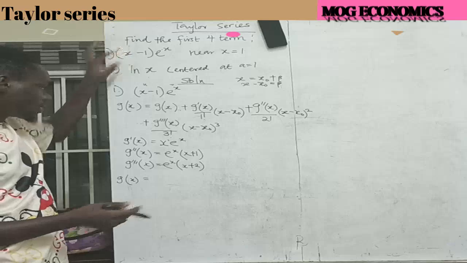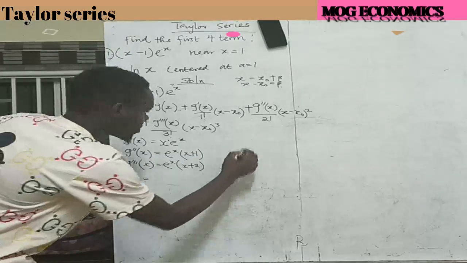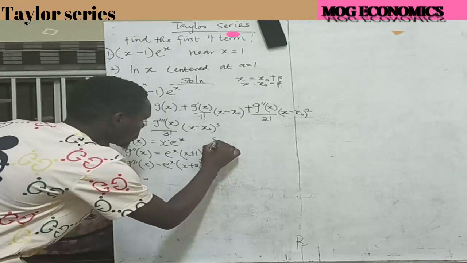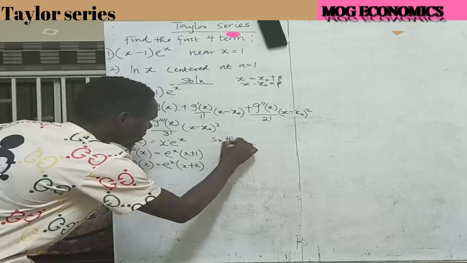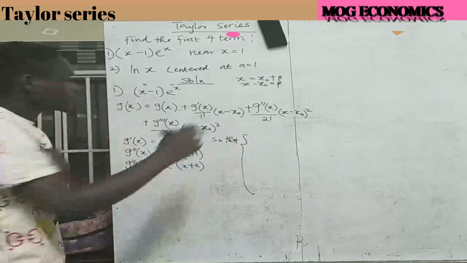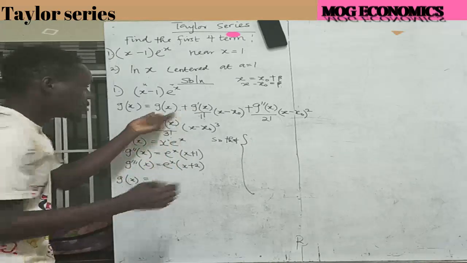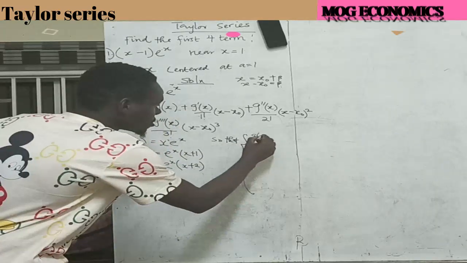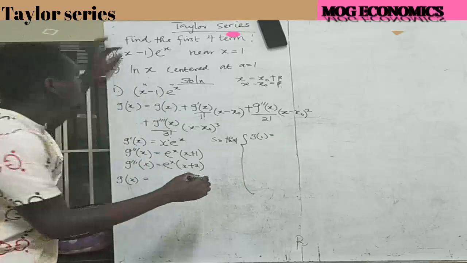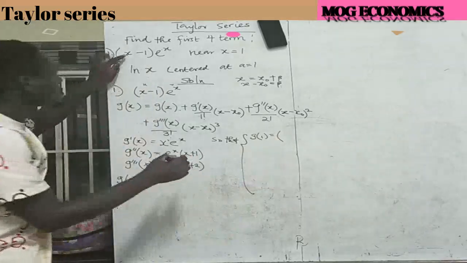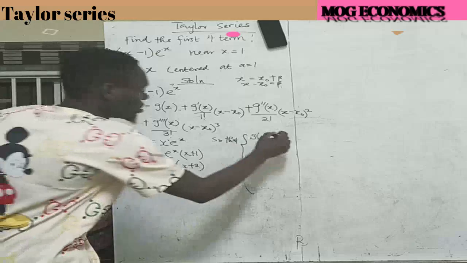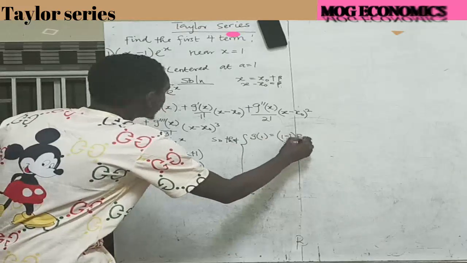So for the first one, which is this g of x, substituting the 1 here, this whole expression is 0.